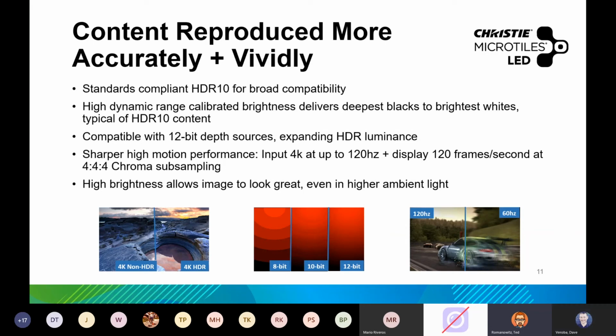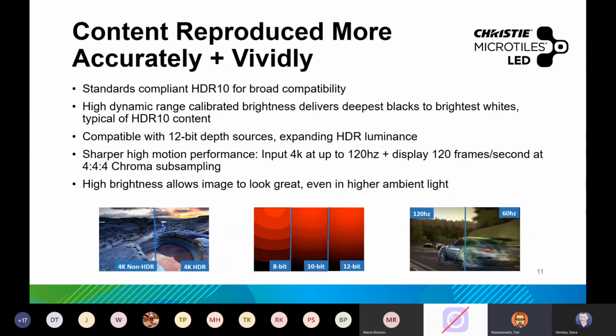So we went with a standards-based approach for HDR10, for broad luminance, high brightness, broad range, ranging from the darkest darks to the brightest whites. Our system, as Dave mentioned, is compatible with 12-bit sources, which really expands the HDR luminance.